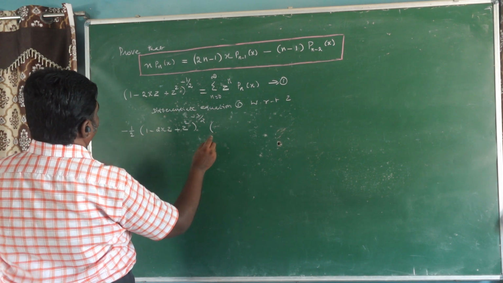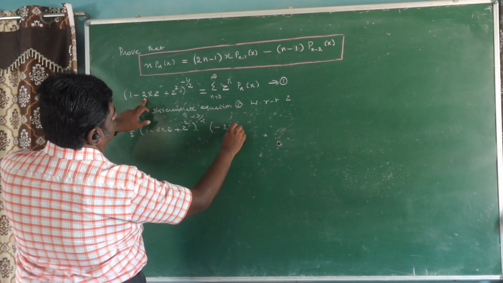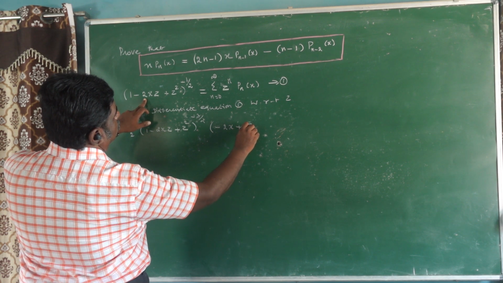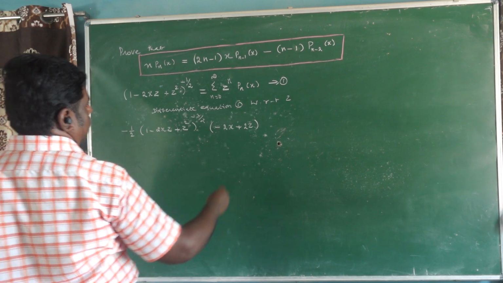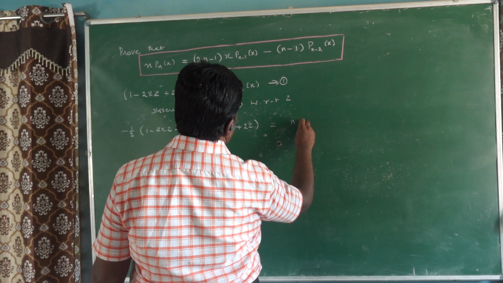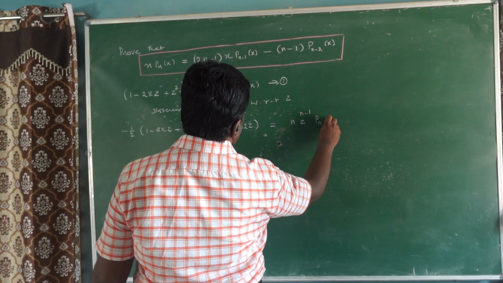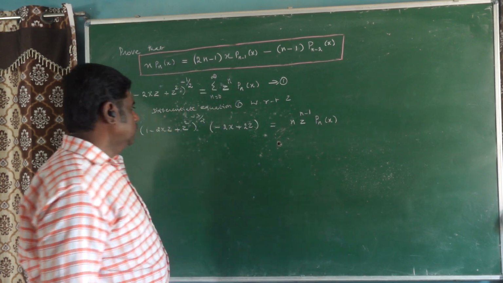Then if we differentiate this function, we can get minus 2x plus 2z. On the right hand side, we can write n into z power n minus 1 into Pn of x.